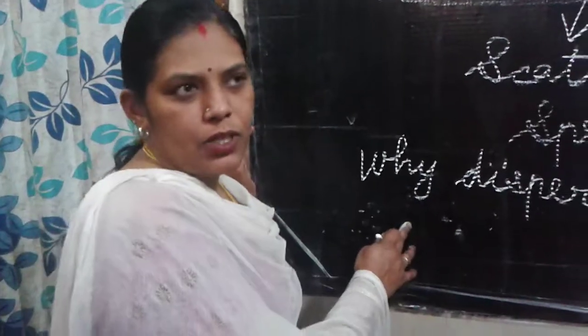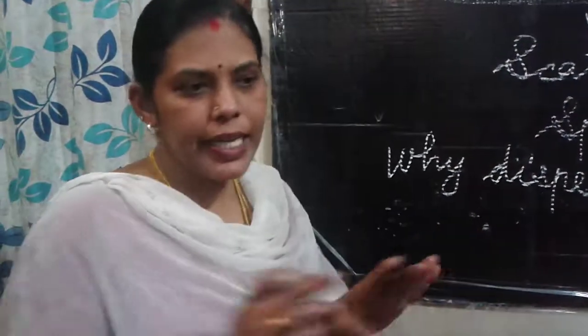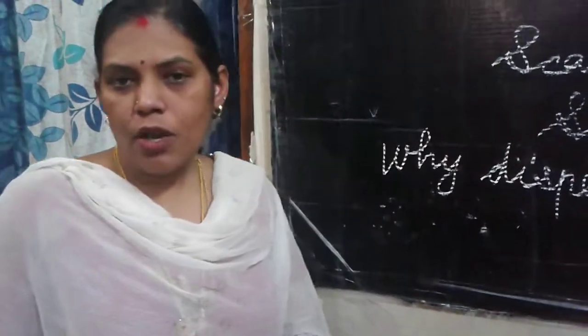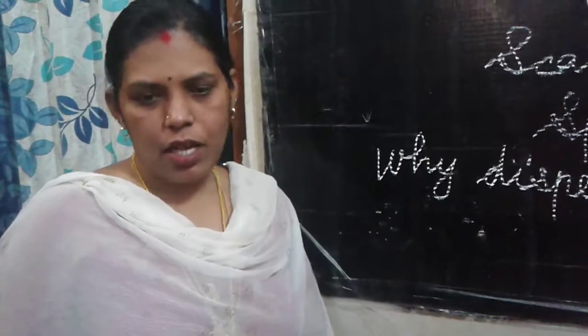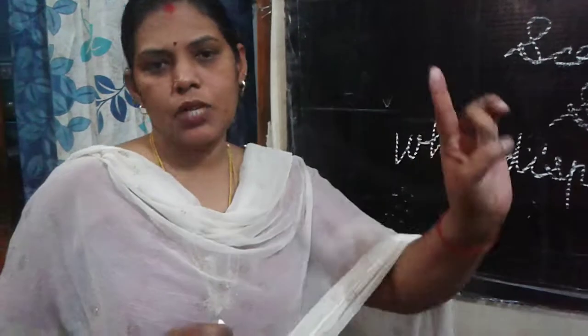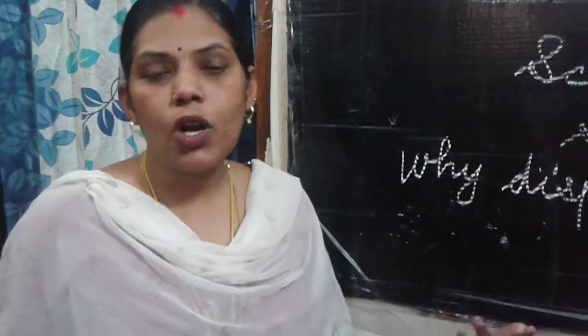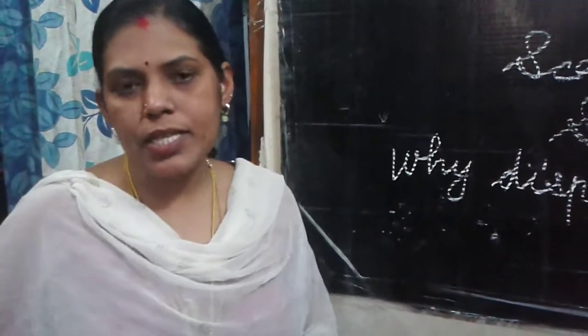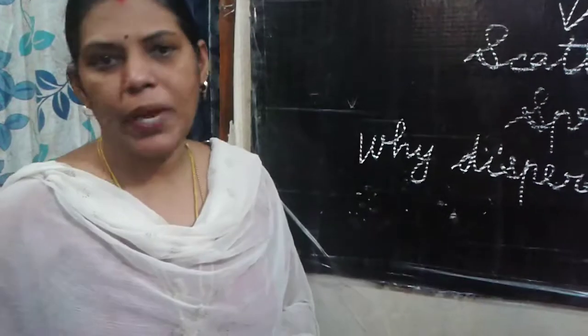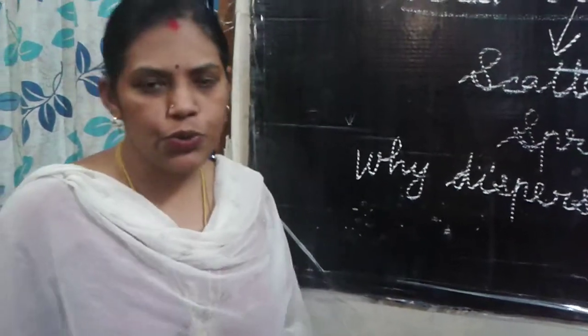Another example I will tell you. Just imagine in a classroom there are 50 students like you and only 5 benches. How will you sit? It means in one bench 10 students will be sitting, right? And what will be the condition? Everybody will fight for the space and you can't shift, you can't move, you can't write.